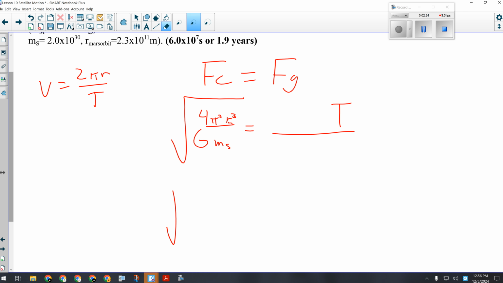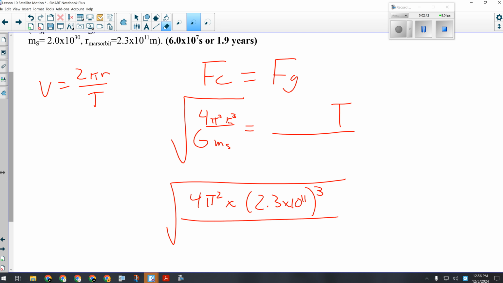So 4 pi squared times the radius of Mars's orbit, which is 2.3 times 10 to the 11 meters, cubed, as it appears in the formula. Then I'm going to divide all that by 6.67 times 10 to the minus 11 times the mass of the Sun, 1.99 times 10 to the 30.